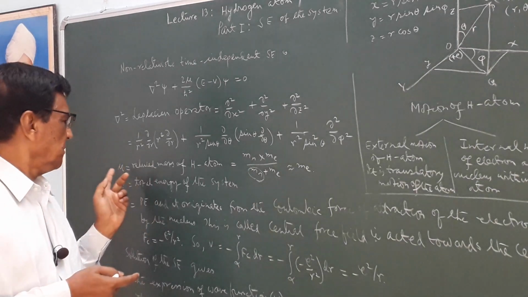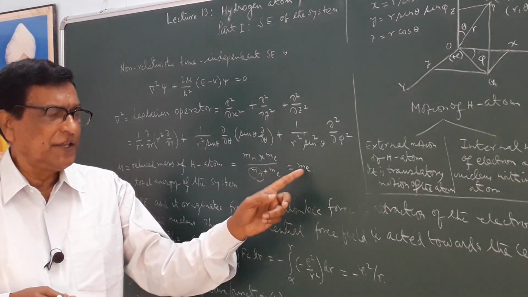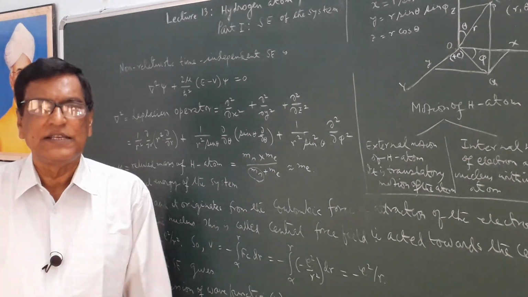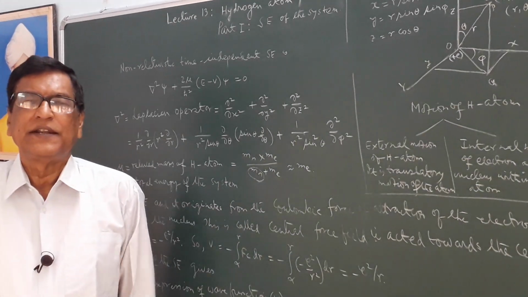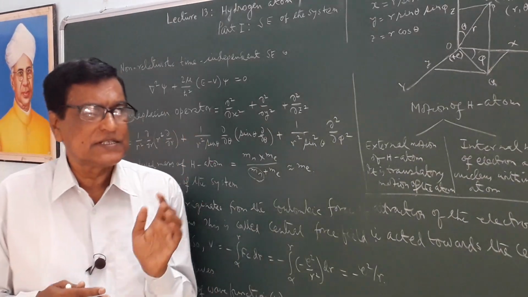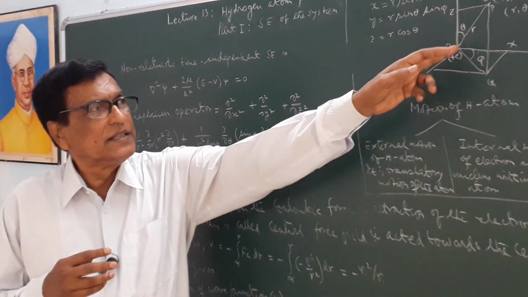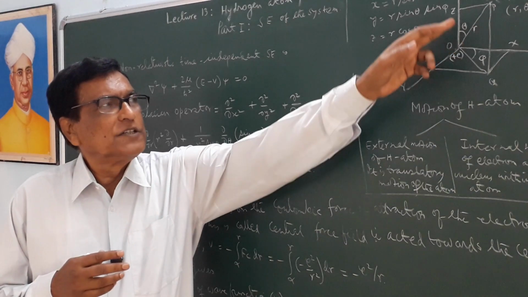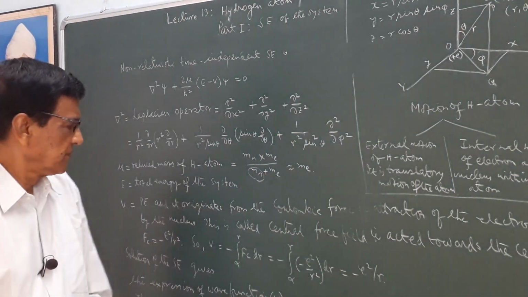So here mu is equal to Me, meaning only the electron is in motion and the nucleus remains fixed, placed at the origin of this coordinate system.